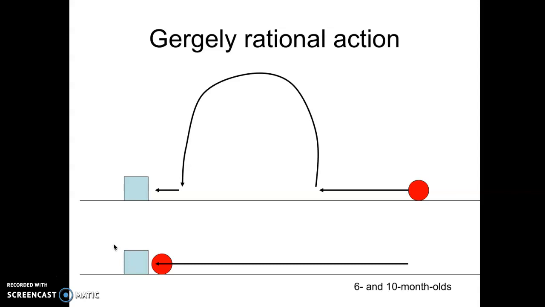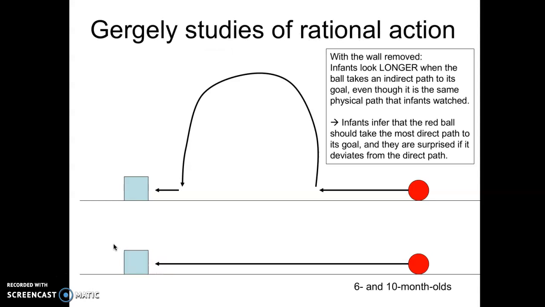Or they would see, now that there's no wall, the blue guy turn and the red guy basically show exactly the same spatiotemporal trajectory as before, the same physical trajectory, even though there's no wall.